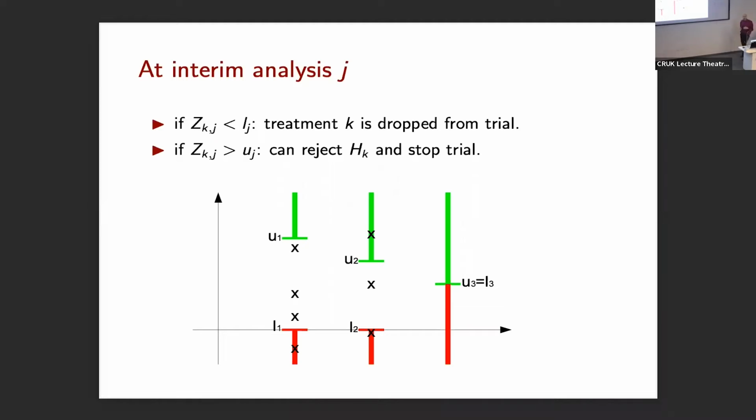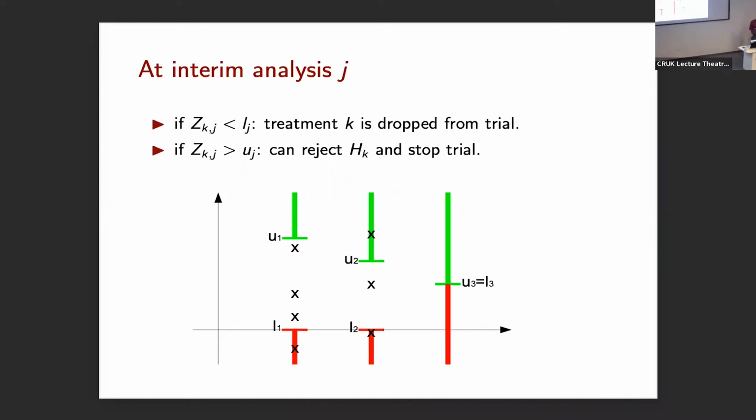If you happen to be in the green region, you say, great, I have already sufficient evidence to show that this treatment is better than my standard of care, than my control. I can pop out the champagne and celebrate because I have found a treatment that's statistically significantly better than my comparator.